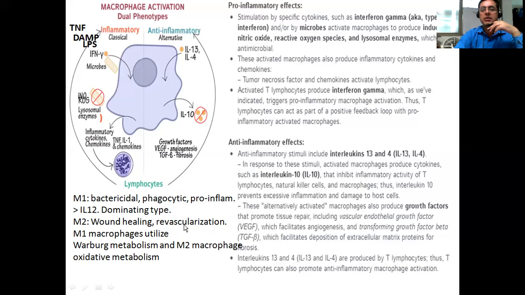If the epithelium of the tissue is lost, then re-epithelialization also takes place with the help of these macrophages which have been activated alternatively. So they have a role in healing or repair.